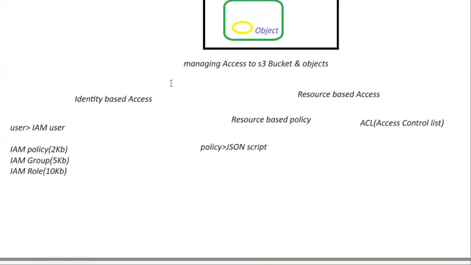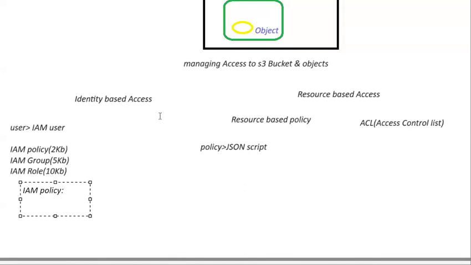You said a resource based policy is a JSON script and an IAM policy is a JSON script. Then what is the difference between these two? Can you write a sample IAM policy for us? Yes. I will tell you a sample IAM policy, how it will be, and how a resource based policy will be, and let's compare them as well.